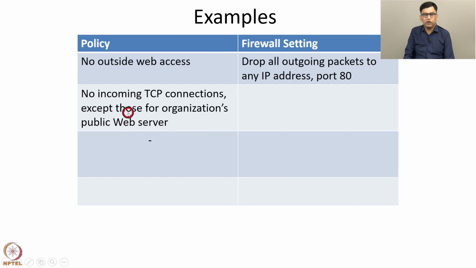As another example, suppose the policy is that there should be no incoming TCP connections except those for the organization's public web server. The organization, for example, may have some website, and we want to allow external users to visit that website. But apart from such connections, there should be no other incoming TCP connections.